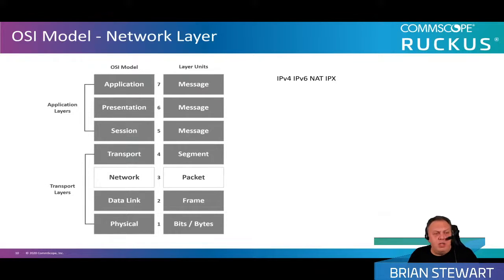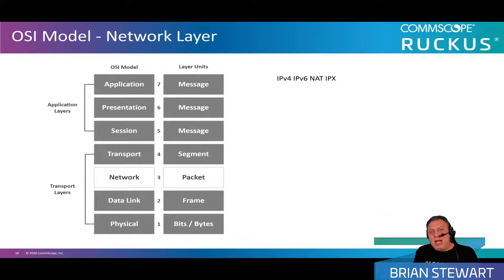Different protocols that work here at layer 3 of the network are IPv4, IPv6, network address translation. So you're probably going through a network translation layer right now watching this live stream. If you're doing this from home, like most of us are in the current global health situation, you actually have packets going from you to your local router that are using private range addresses. So your local IP address is probably something like 192.168.1.12.